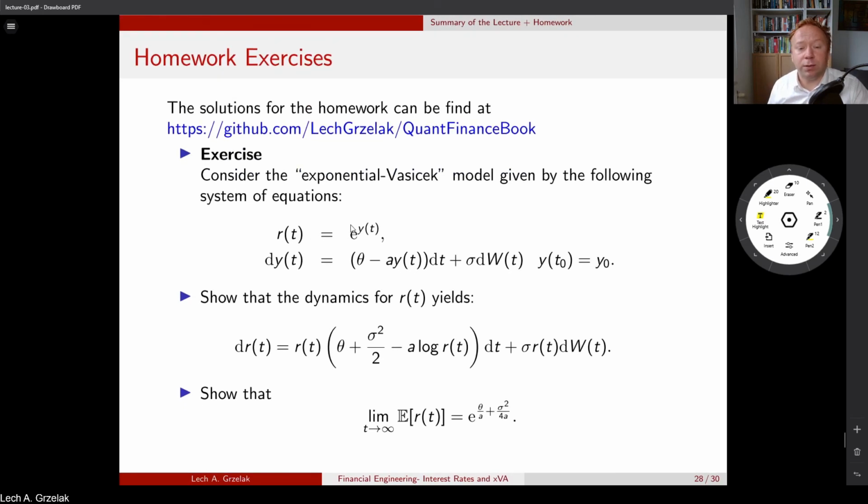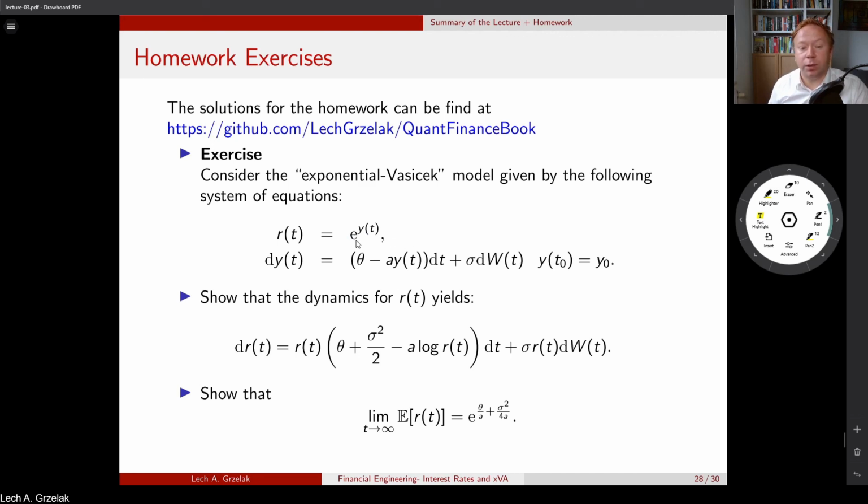The first exercise is about the exponential Vasicek model. So we have a mean reverting Ornstein-Uhlenbeck process for Y. You can think of the Vasicek model, and then we take an exponent of Y. You can see this approach of defining the exponent of a rate was introduced in the past in order to address the problem of negative interest rates.